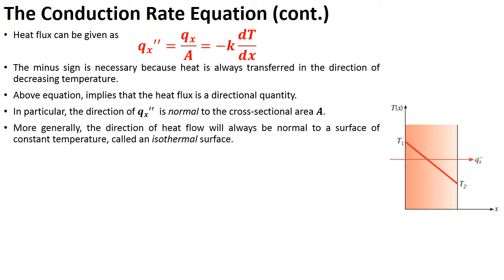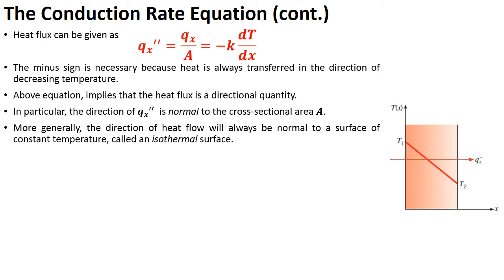Your left wall is maintained at a uniform temperature of T1 and your right side is maintained at a uniform temperature of T2. So heat flux will be normal to the surface of constant temperature.